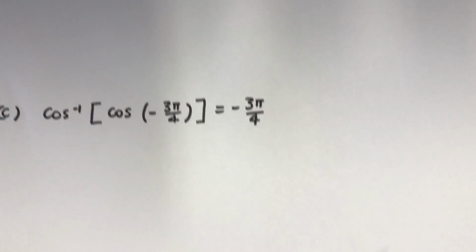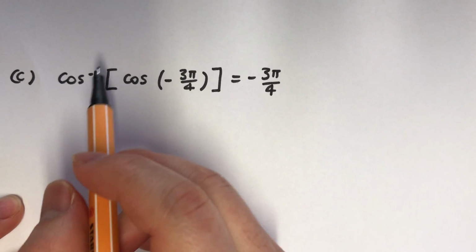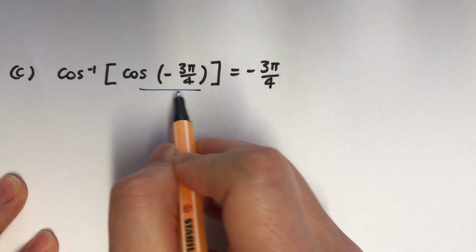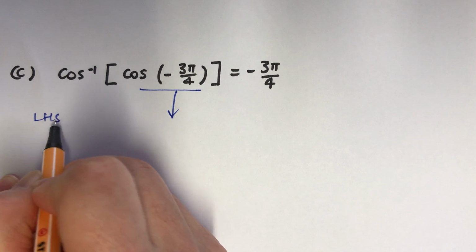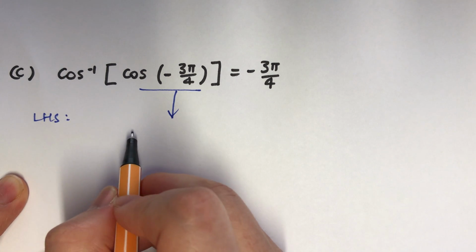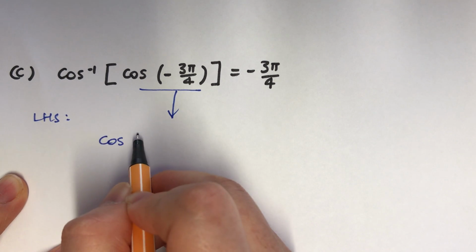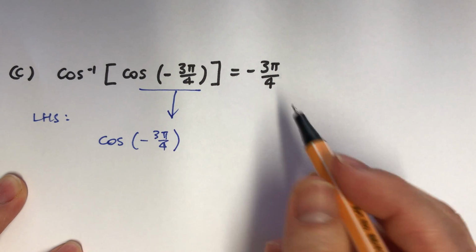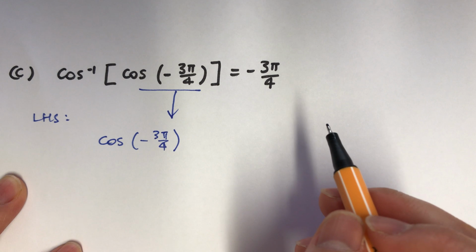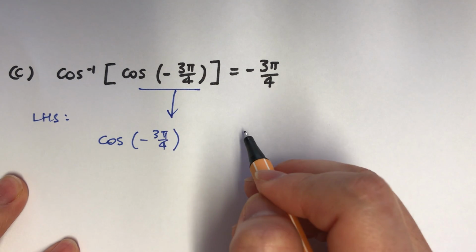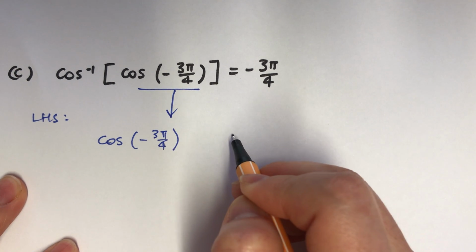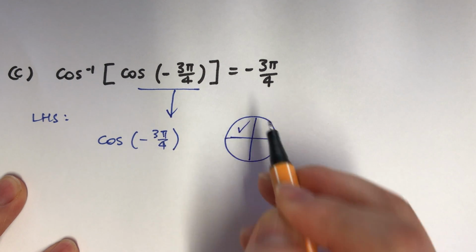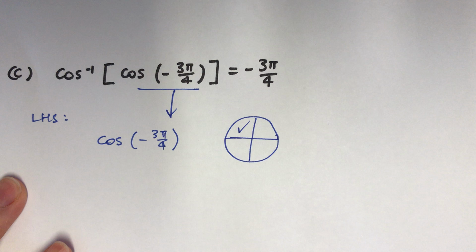Okay, next one. Inverse cos is that. So I'm going to do this one, left hand side first. So let me see, cos minus 3 pi over 4. Now this is not inverse, I can use all the things, but this is going to be second quadrant, isn't it?